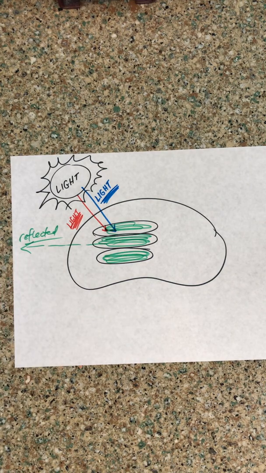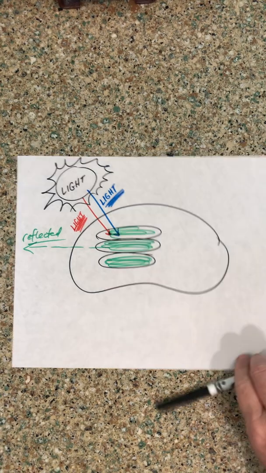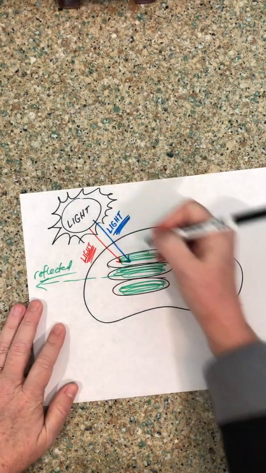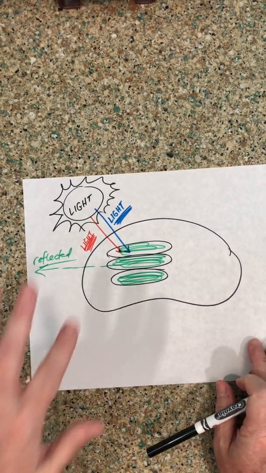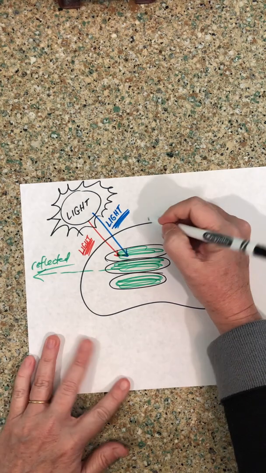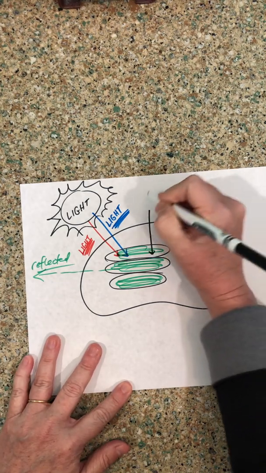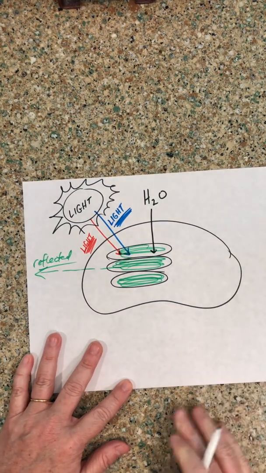So there's your light. If you don't have light, none of this happens. Every piece of the puzzle is important. The light reaction has to have light, okay? Doesn't matter if it's natural or man-made. The second thing is that it needs H2O, which is water.